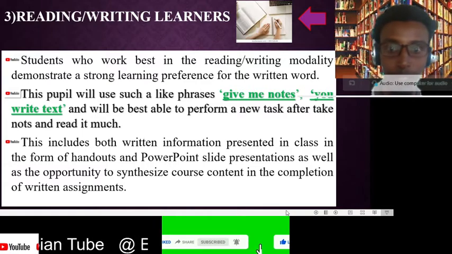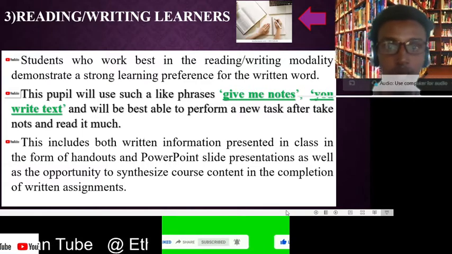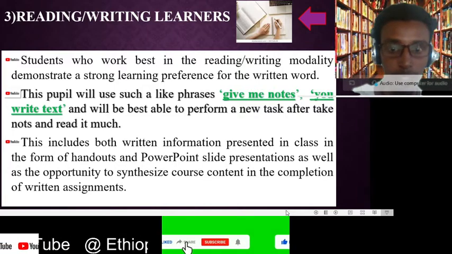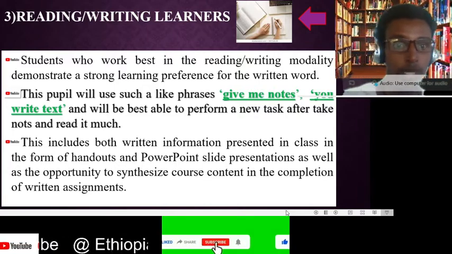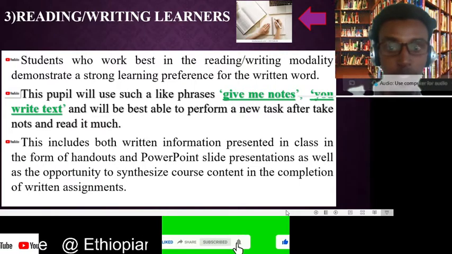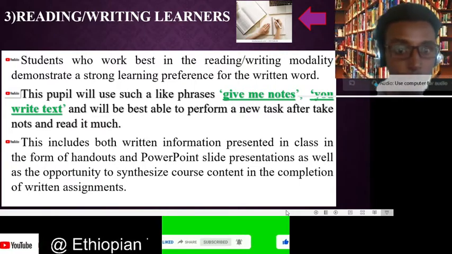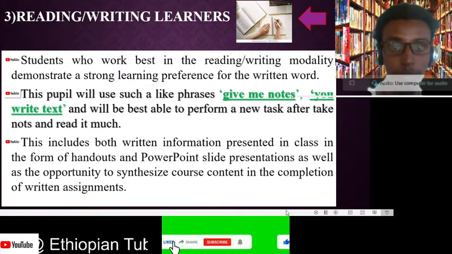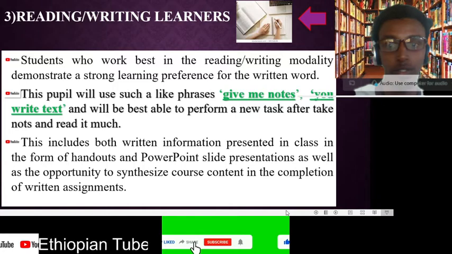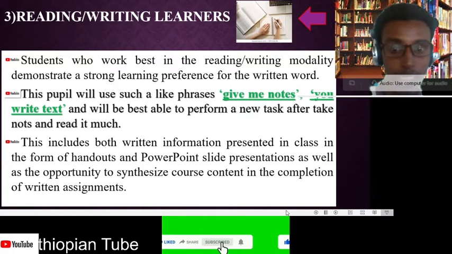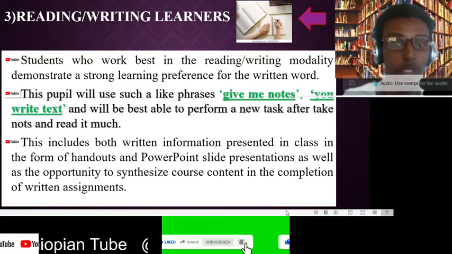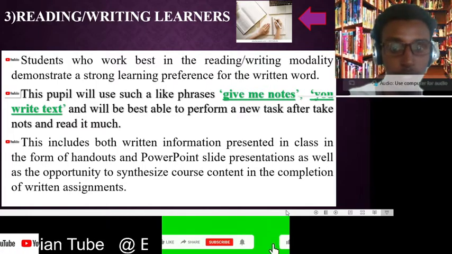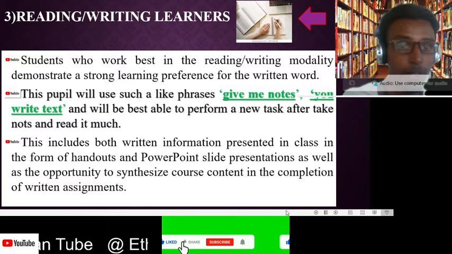To make it clear, students who prefer reading or writing are encouraged to take copious notes during classroom lectures to help them both process information and have an easier time reading it later. This modality also lends itself to conducting research online, as many information-rich sources on the internet are relatively text-heavy.